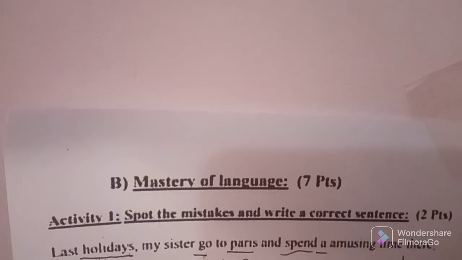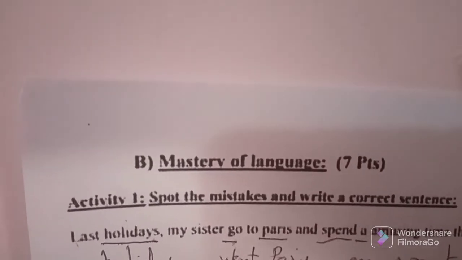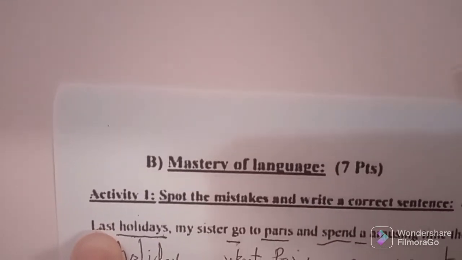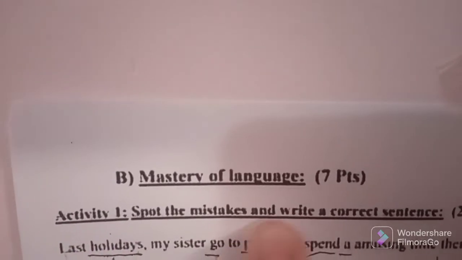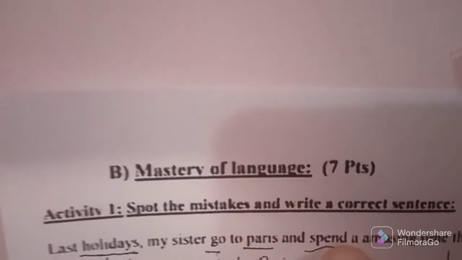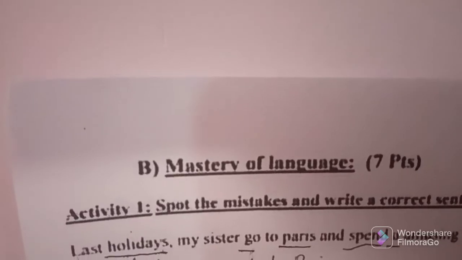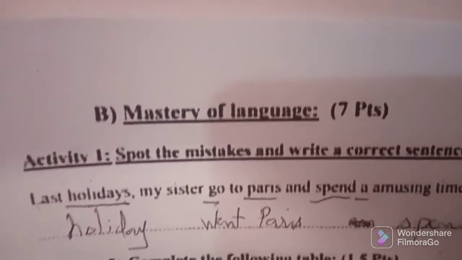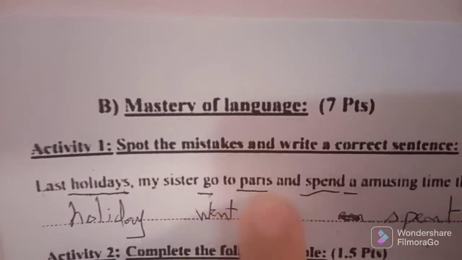The keyword here. We always have to underline the keyword to know the answer. We have the word last, which means simple past tense. When we move to the verbs, they may be conjugated in the simple past tense. Last holiday, my sister went to Paris because it is the name of the country.